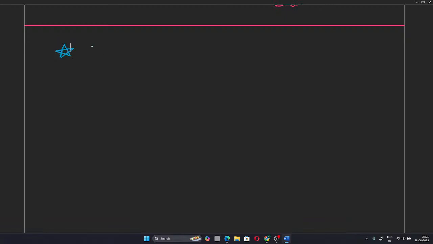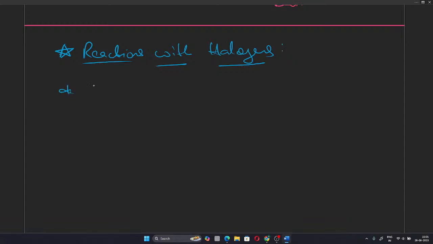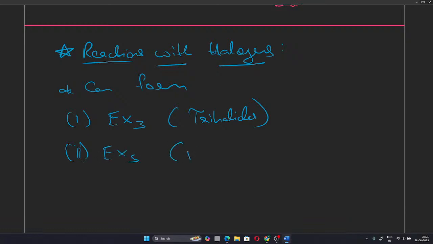Reactions with halogens: can form trihalides and pentahalides.